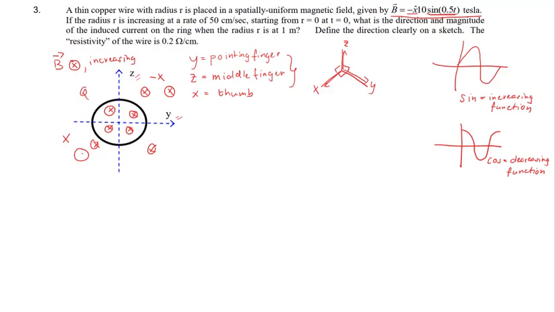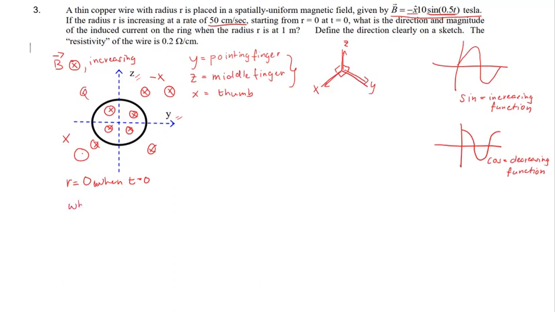So next we're given a radius increasing at a rate of 50 centimeters per second, and that is starting from r equals 0 when t is 0. It's asking us what is the direction and magnitude of the induced current on the ring when radius is at 1 meter.